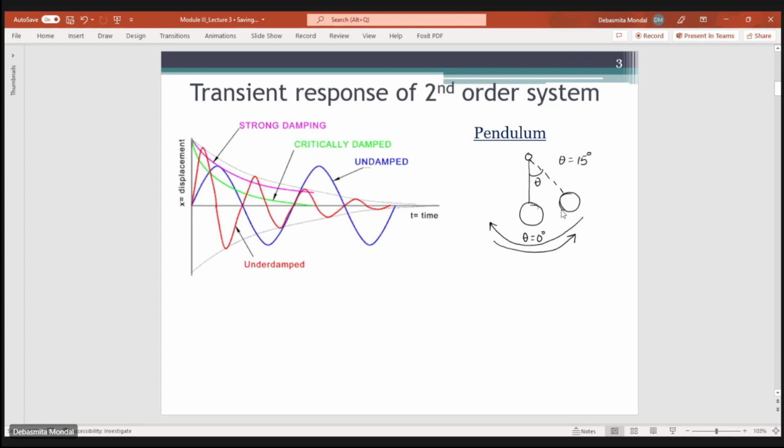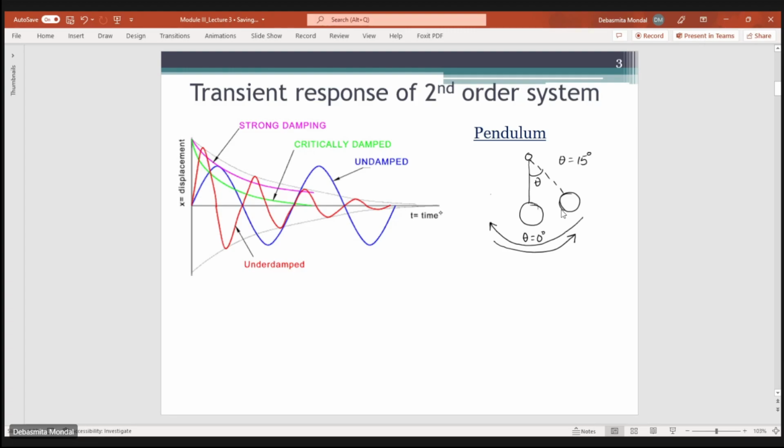Let's say there is no friction in air, or any kind of damping is not present in the system. Then this pendulum will keep on oscillating. It will start from theta equal to plus 15 degree, move all the way to theta equal to minus 15 degree, and again go back. That means a sustained oscillation.